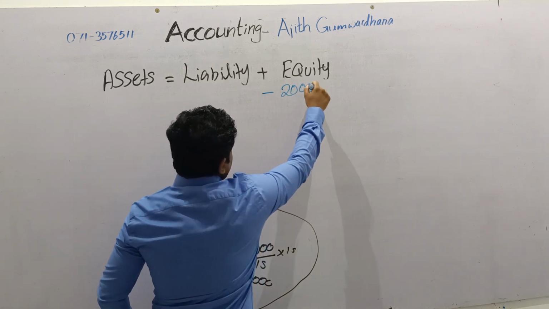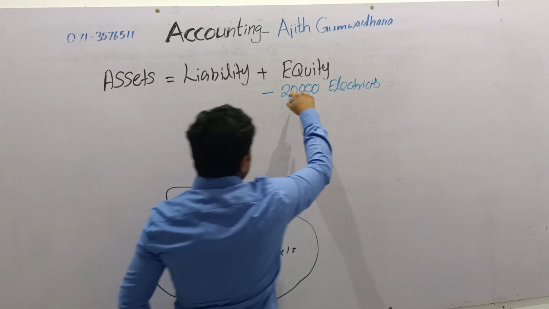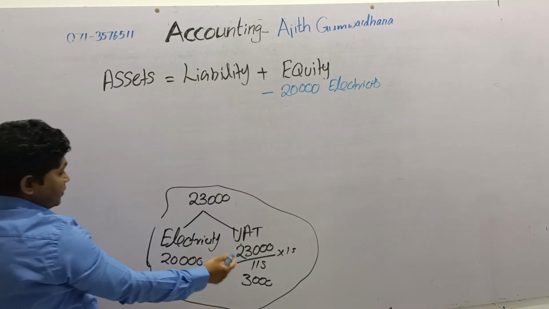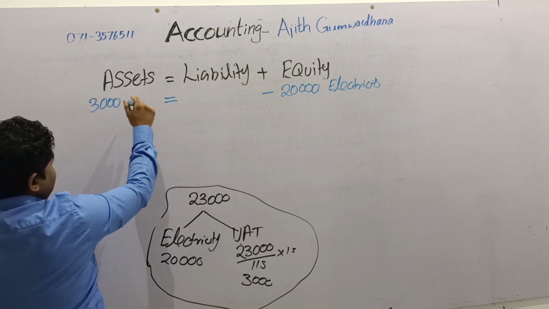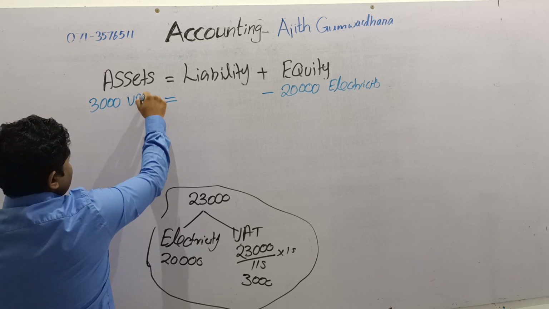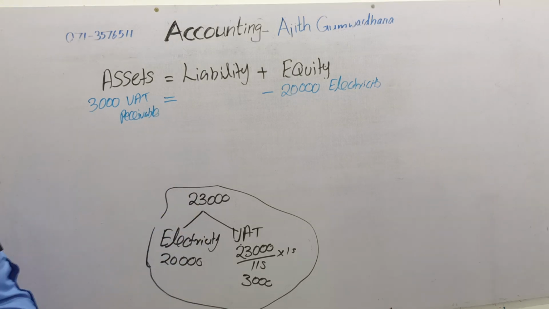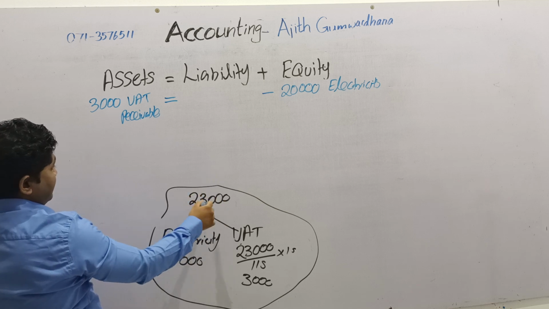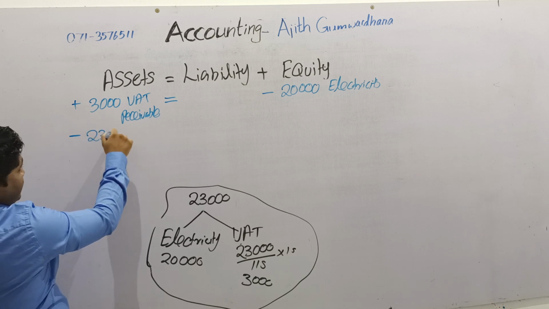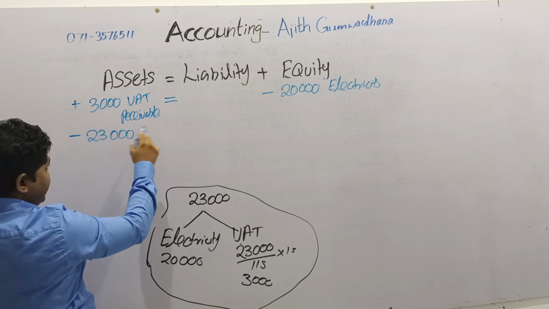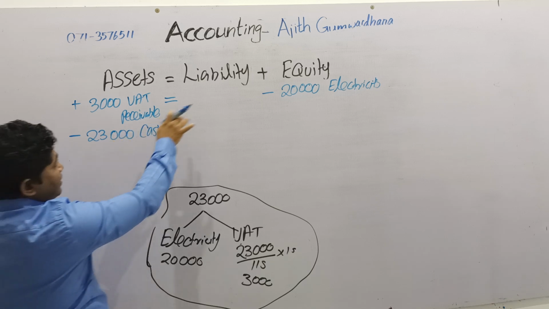Therefore, expense increase, equity decrease, as electricity expense of 20,000. The VAT paid amount can be claimed from the government, so asset increase as VAT receivable, not payable. Paid in cash, cash decrease by 23,000. If it has been paid in cash, asset decrease. If it has not been paid, if it is an accrued expense, liability increase.